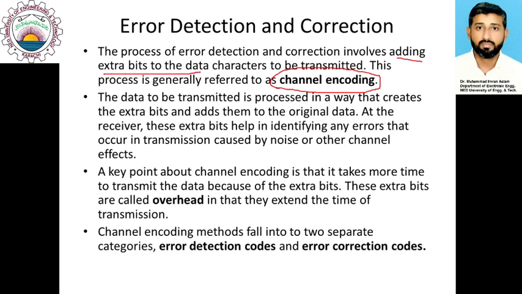Those extra bits do not contain any information. So they are non-information bits, but they are added in a specific fashion, so that if an error occurs during transmission, these bits can be used to identify those errors, or for the purpose of error detection or error correction.